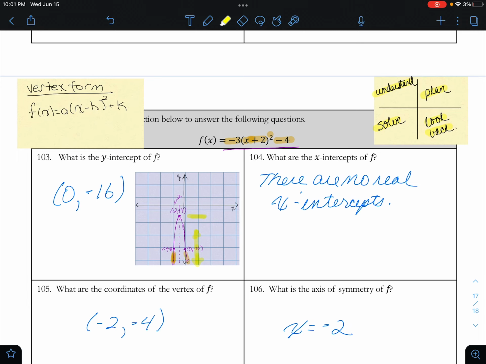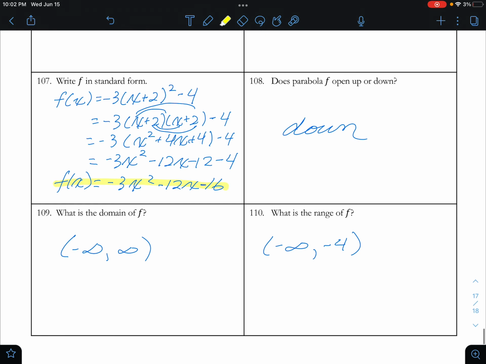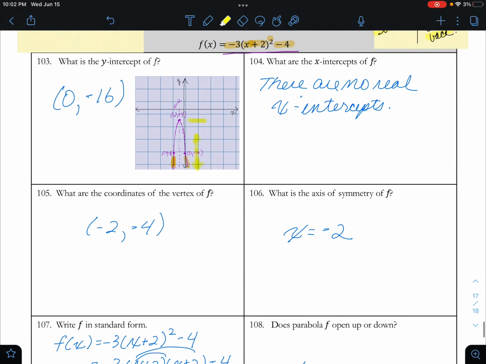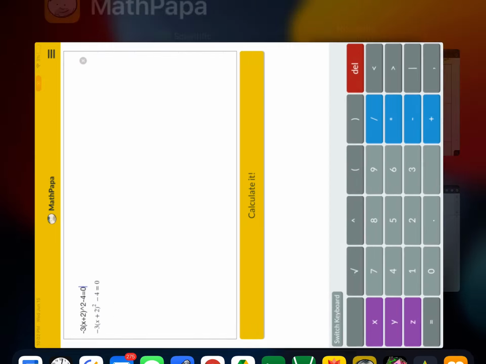Now looking at the -3, it's facing down. I'm looking at the vertex, -2, -4. I think everything really does hold water. The only thing I am wondering a little bit about is the -3x squared minus 12x minus 16. I could quickly jump into Math Papa.